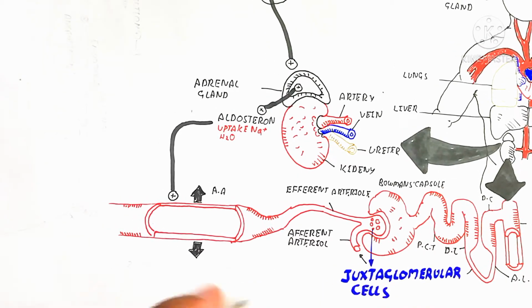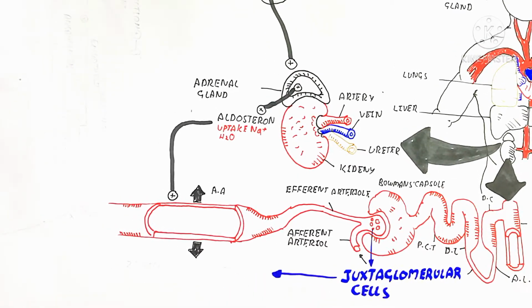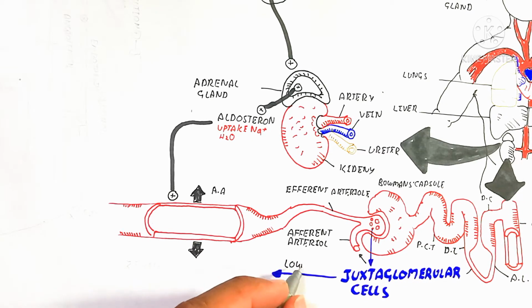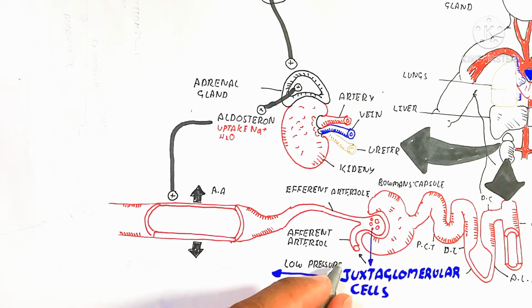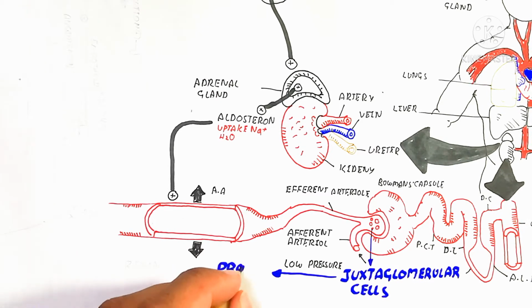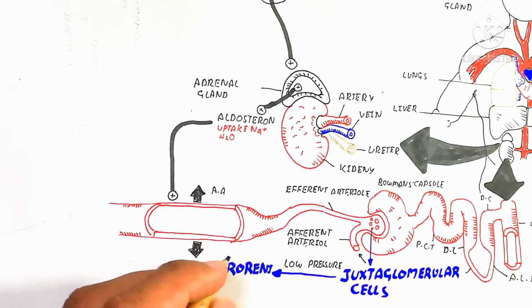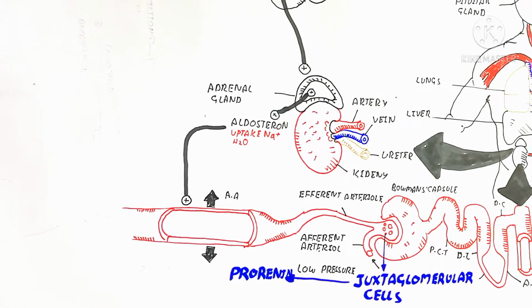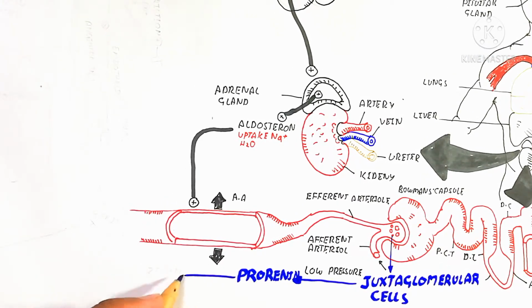So remember about that. On the other hand, here is the prorenin, which comes from the juxtaglomerular cell, and that converts prorenin into the renin. So the renin is the endocrine hormone because it is secreted into the blood.